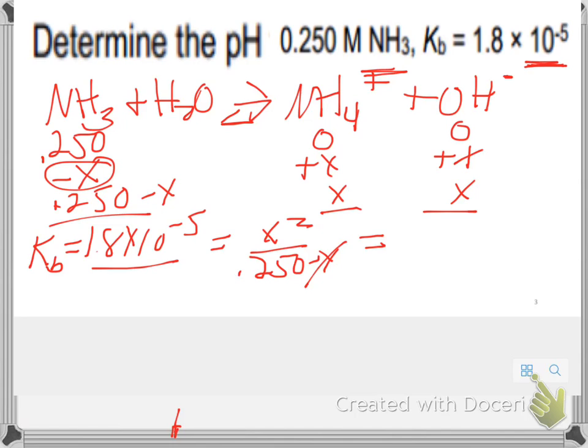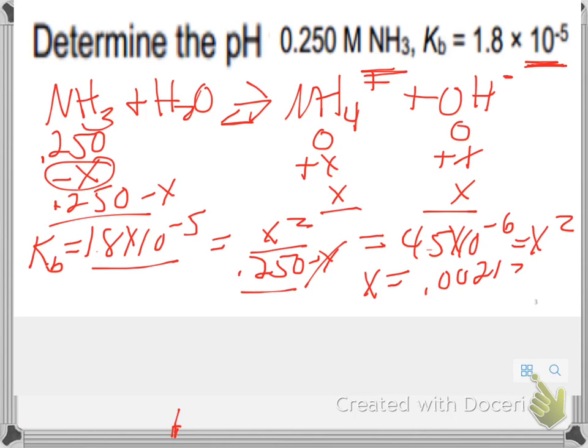So if I cross multiply 1.8 times 10 to the minus 5 times 0.25, I'm going to end up with, let me see, 4.5 times 10 to the minus 6 is equal to X squared. If I take the square root of both sides, I'm going to end up with X equals 0.00212.